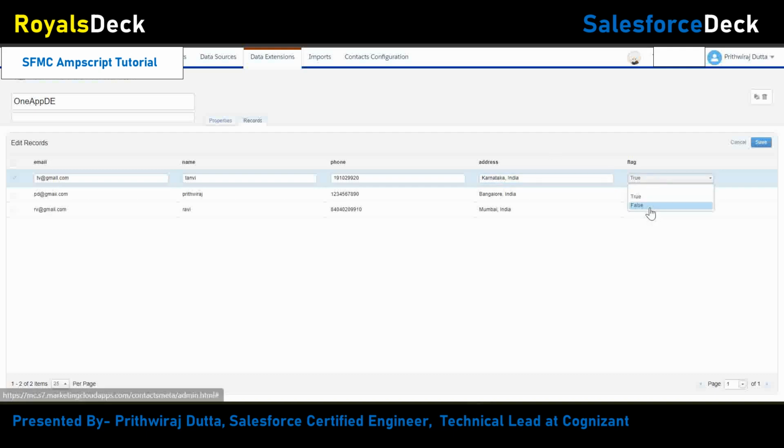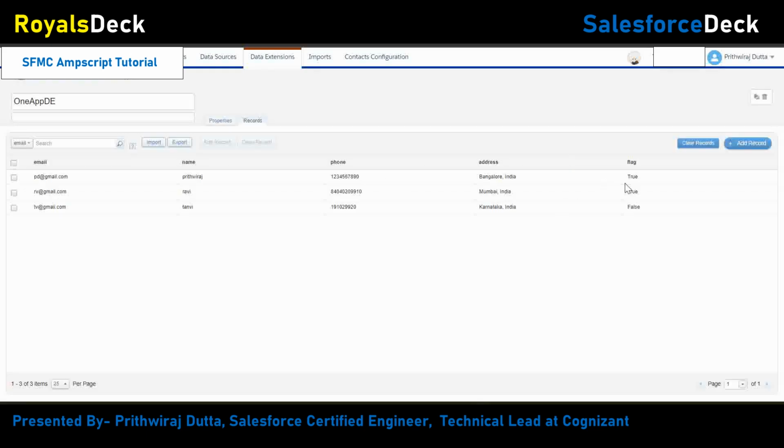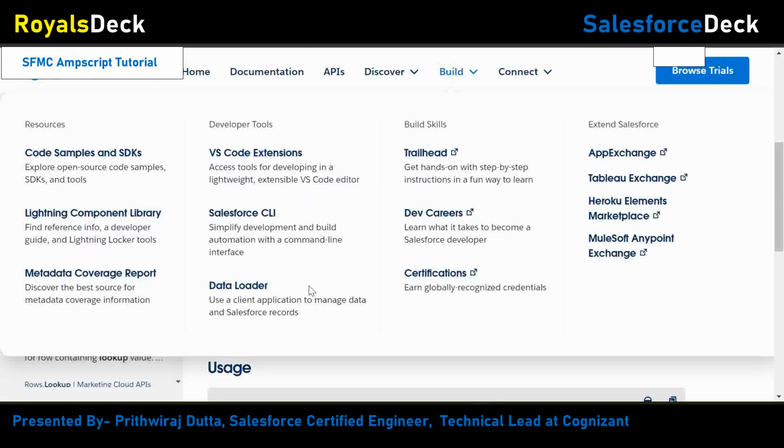So when I look up, I should get the first two records but not Tanvi's record, right? So now I will search by lookup rows.